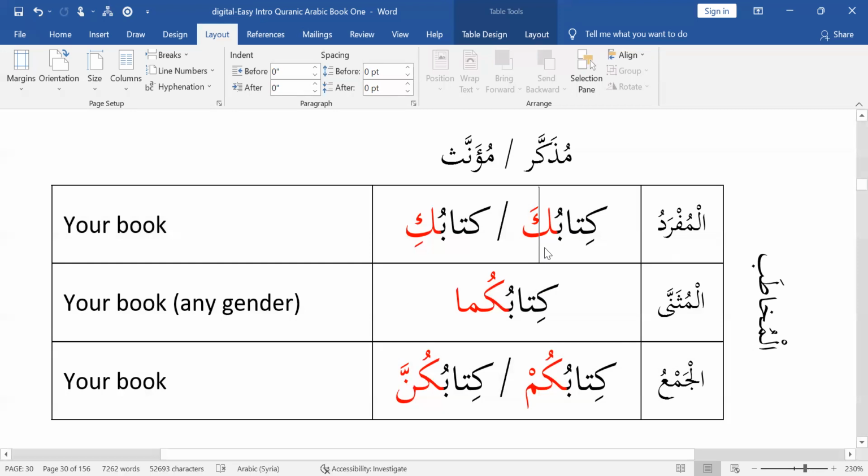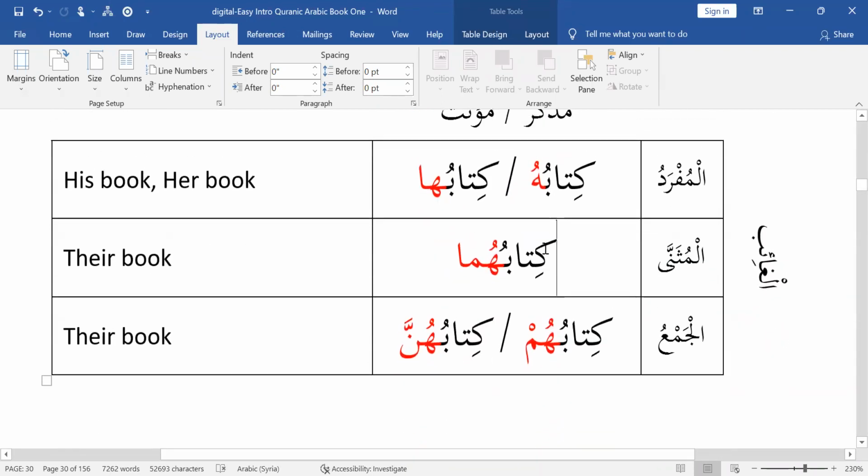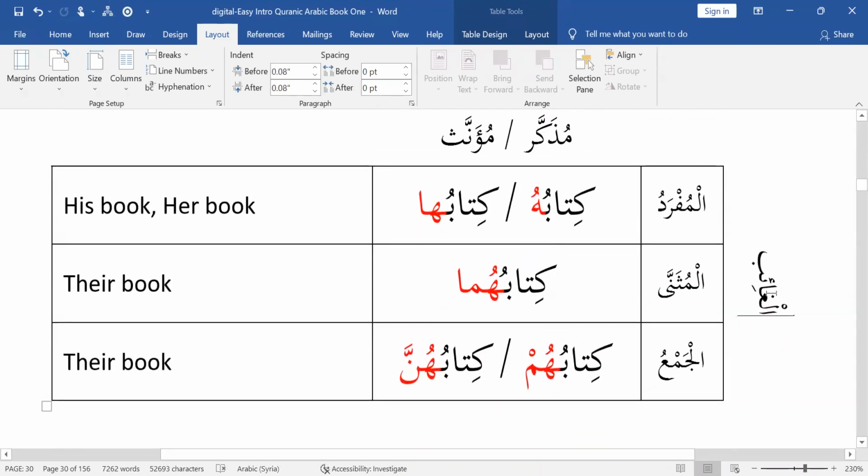But Arabic, because everything has a gender and number, you have to account for that. So you have to use different connected pronouns, which are mentioned in red. Ka, ki, kuma, kum, and kunna.